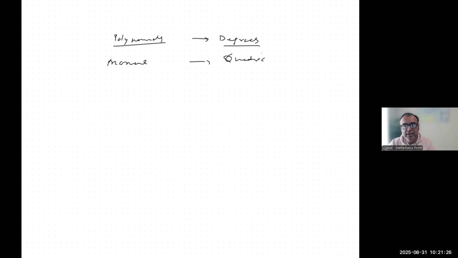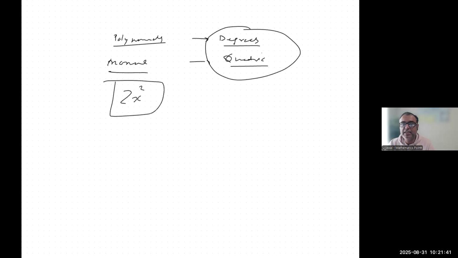If degree is not clear, I'll explain it quickly here. I said 2x squared. This is a monomial expression because there is only one term, 2x squared. But this is also a quadratic expression because it is a degree 2 expression.